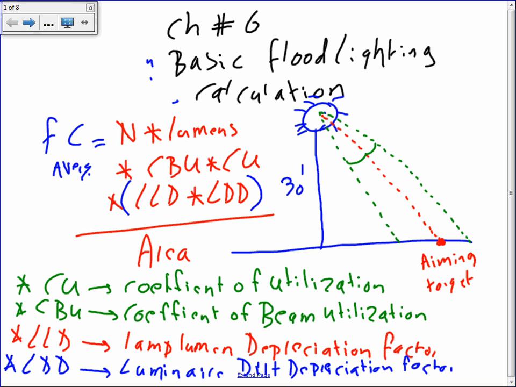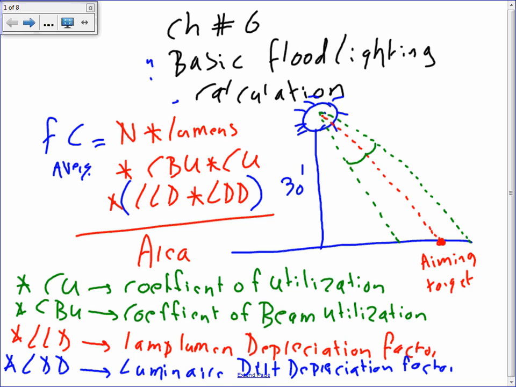Everybody understand what the formula is? One more time. N, the number of fixtures on the head. Lumens, how many lumens are coming out of these big fat fixtures? CBU is the coefficient of beam utilization, the coefficient for aiming this fixture. CU, coefficient of utilization, how efficient the fixture is. Think of it as the efficiency of the fixture.